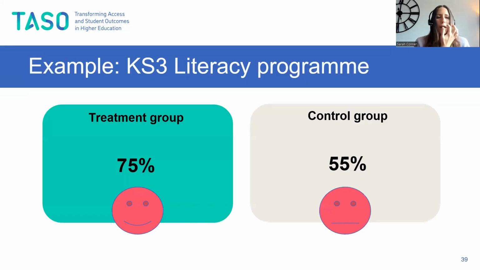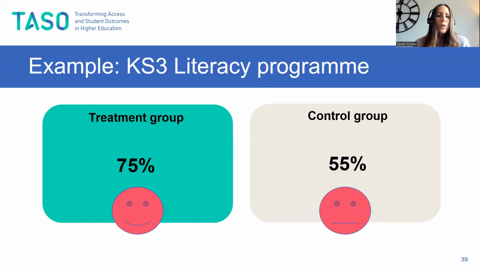So if we go back to our literacy program example, our treatment group, those that were randomly allocated to receive a place, get an average English test score of 75%, and then the control group, those who were randomly allocated not to attend the program, got 55% as an average English test score.